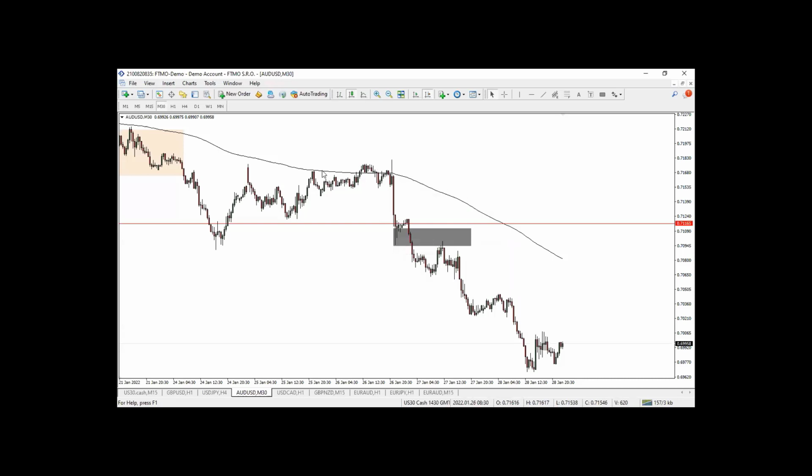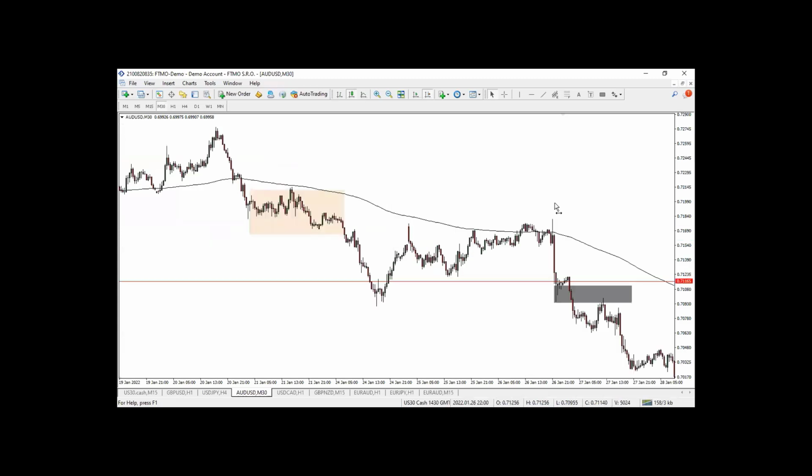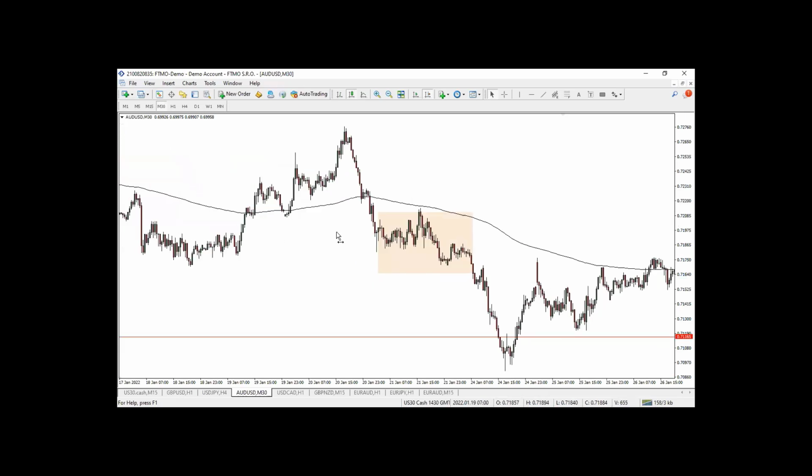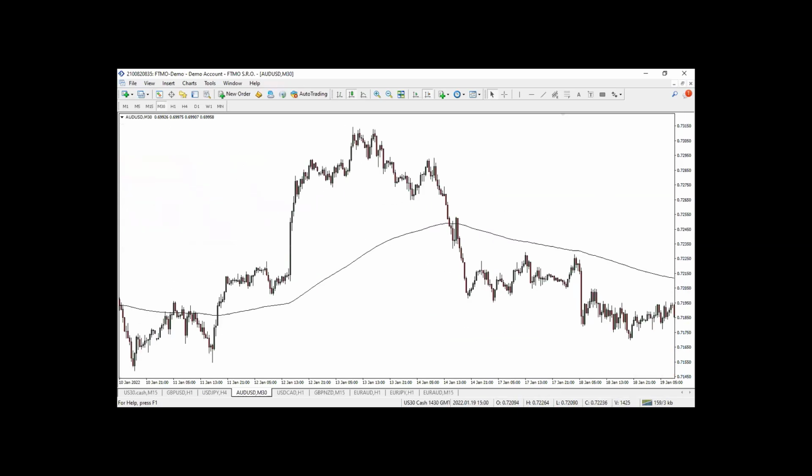And when price is below it, you can see what is happening. Price is falling, making lower high, lower low, lower high, lower low. You understand that? And when price is trading above the moving average, you are only looking to buy. You understand what I'm saying?